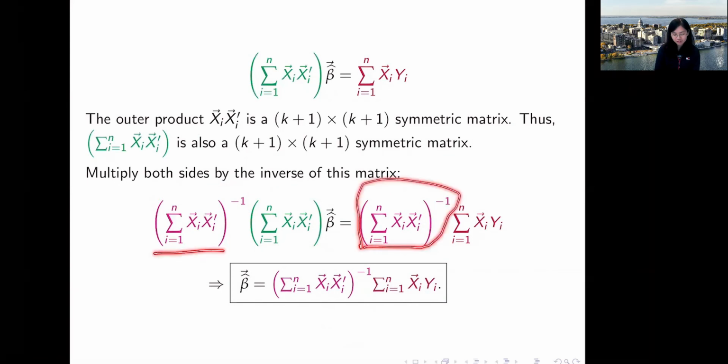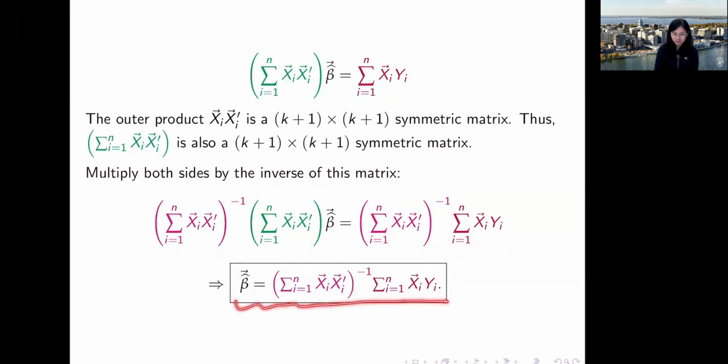And the inverse times this matrix equals identity, and identity times anything equals that thing itself. So on the left-hand side, we have the beta hat vector. And on the right-hand side, we have the inverse of the sum of xi vector times xi vector prime, times the sum of xi vector times yi. That is our solution.